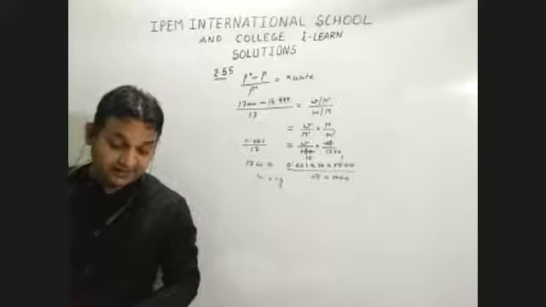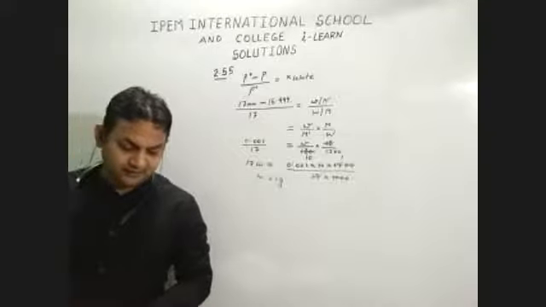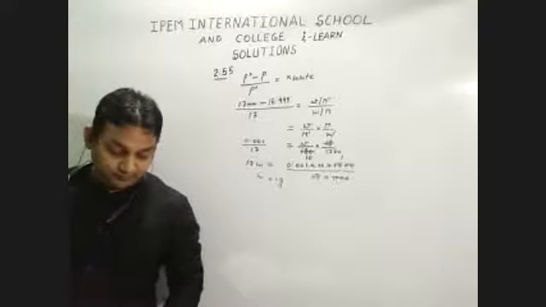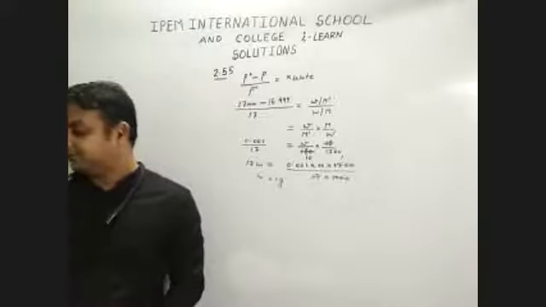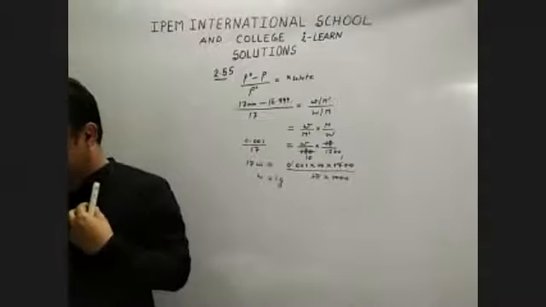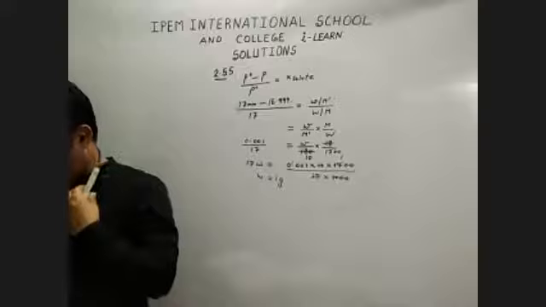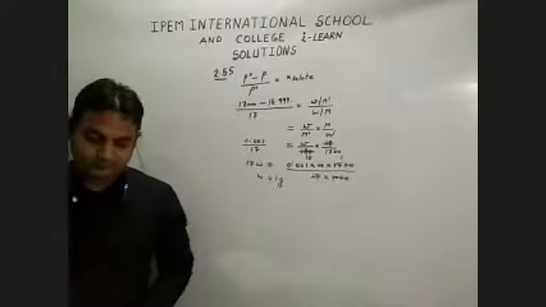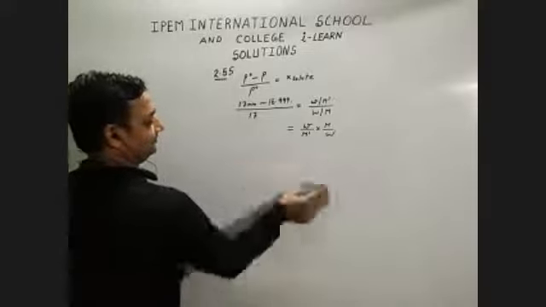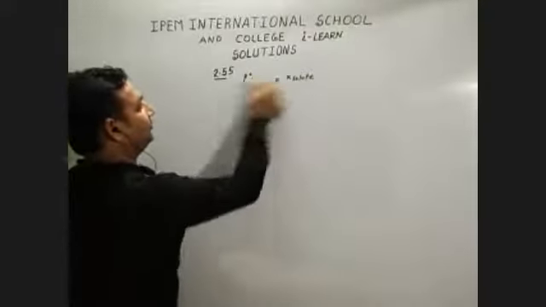Now the rest, we have the numerical for molar elevation constant, 2.57. What about 2.56? Solve it, make a copy, practice it.